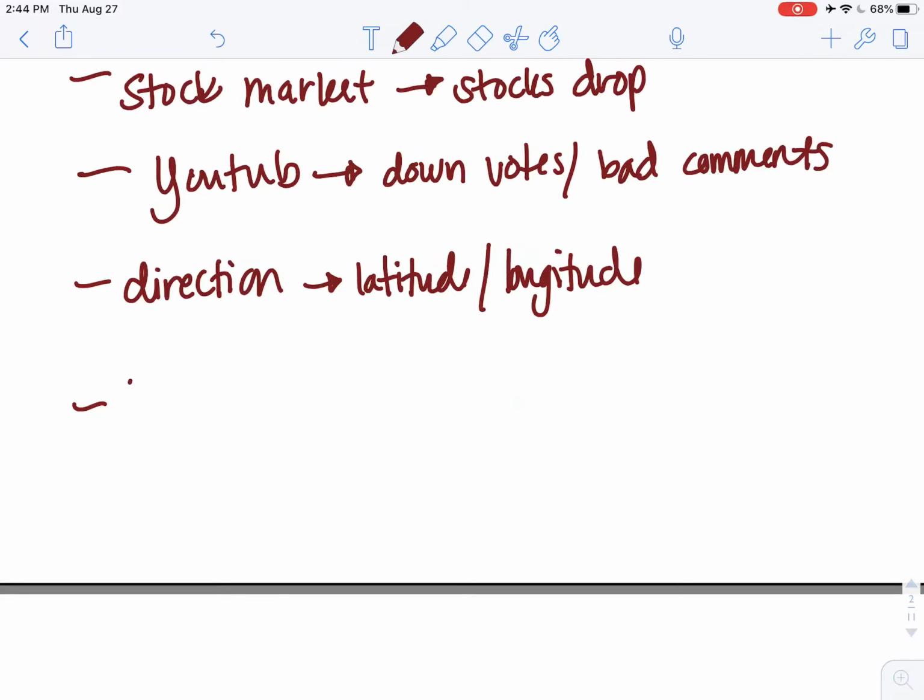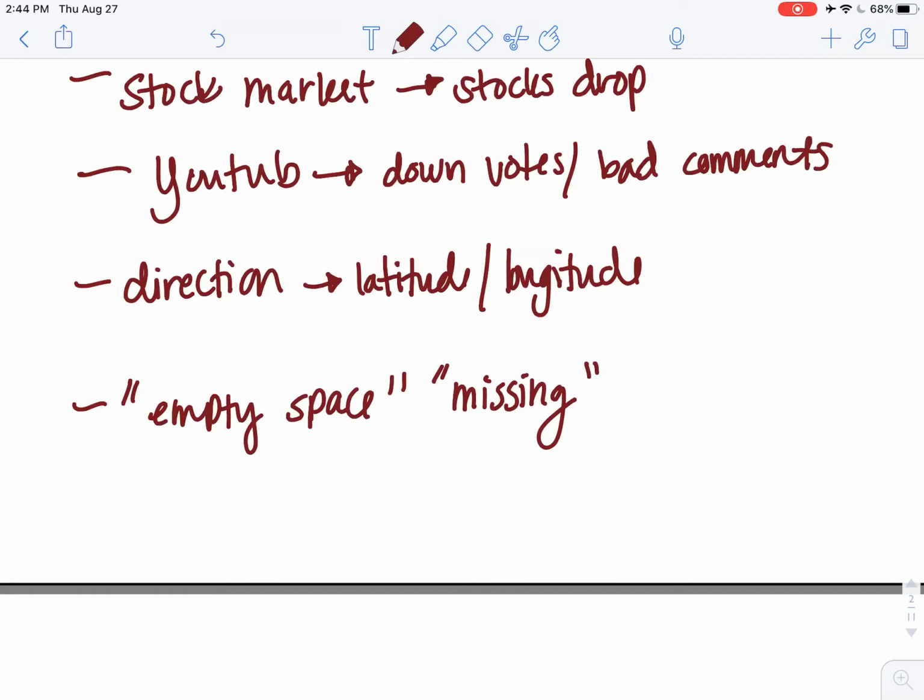When we are looking at negatives, it's usually something that is either an empty space or it's missing something. There are artists who even do this, where they use the empty space around them to create a picture. By making the picture black and filling in that negative space, a picture arises, okay?